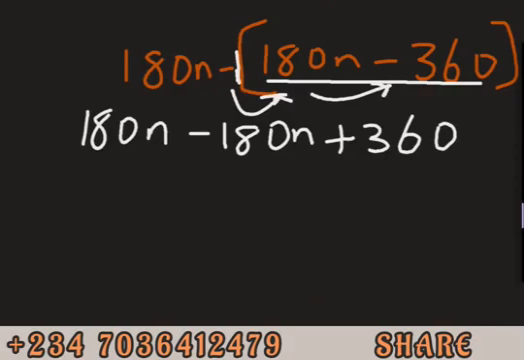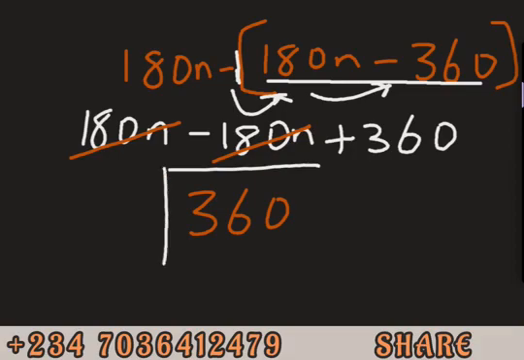Good. So eventually this is what we're having, and 180n subtracted from this, that's cancelled out itself, and what we are left with is what? 360. Good. Remember that what we're actually solving for is the sum of all the exterior angles, and that has given us a value of what? 360.